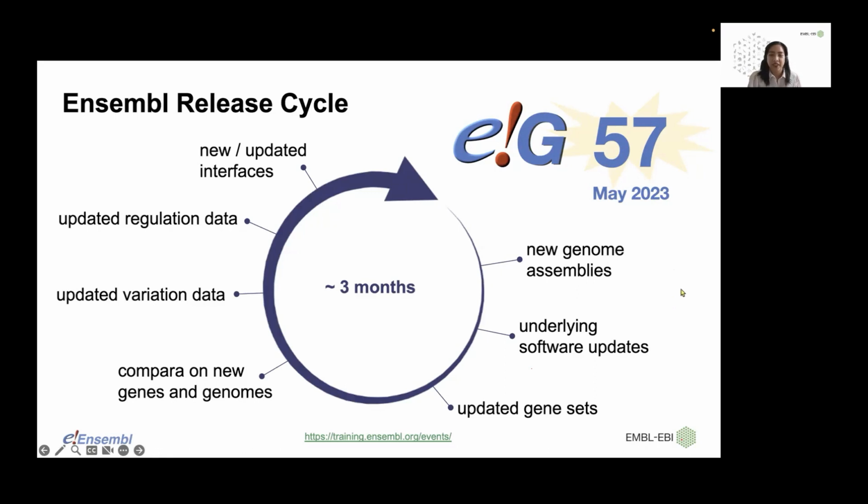So for example, if you need to work with an older release, let's say Ensembl Genomes 55, we keep the archives available for up to 5 years. So if you need an older release, I will show you where to find these in the demonstration. You can get them in the Ensembl browser as well.